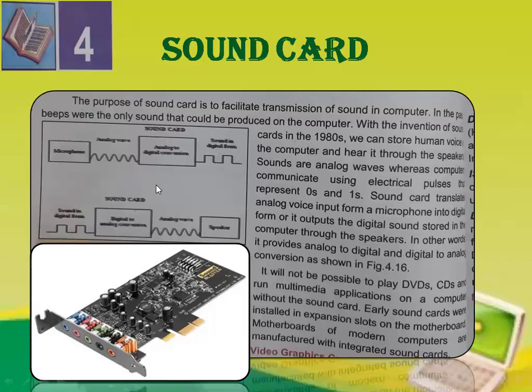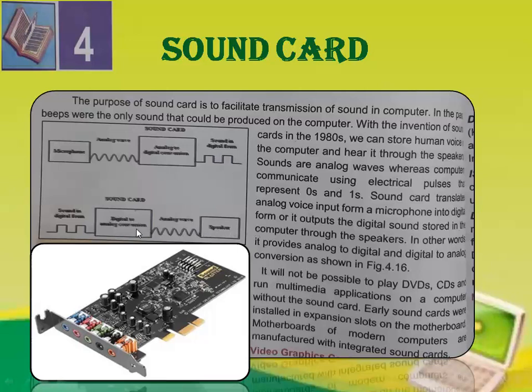In other words, it provides analog to digital and digital to analog conversion. So on the receiving end, when the computer translates and generates the result, the sound card passes the result to the speaker. It takes the digital signal and converts it into an analog signal and then passes it to the speaker.